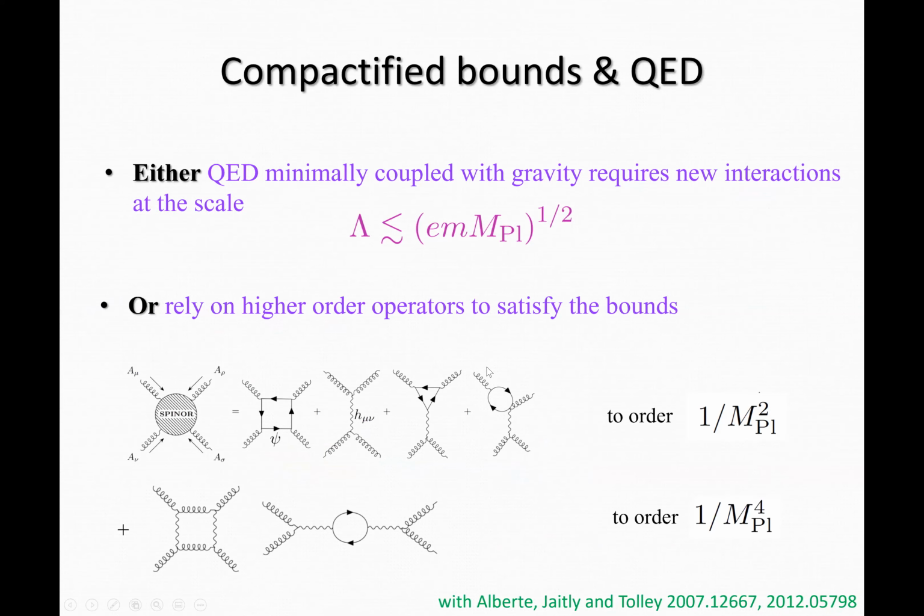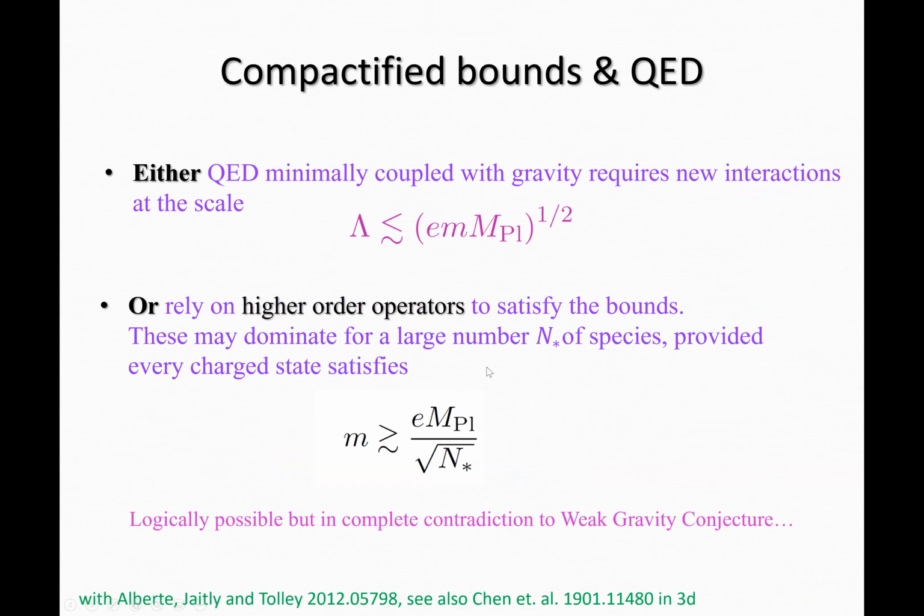In principle, this is a logical possibility, but for this to happen, you would need to have such a large number of species to come in and to make sure that the higher M Planck suppressed effect compensates over the lower dimensional one. And so that would tell you that actually the mass of the particle, the electron in here or any other U1 you're considering, has to be larger than the Planck scale in units of the number of species.